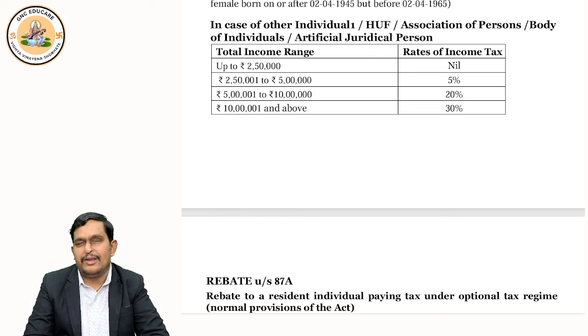Please remember this category: resident individual below 60 years, non-resident irrespective of age, AOP, BOI, AJP.